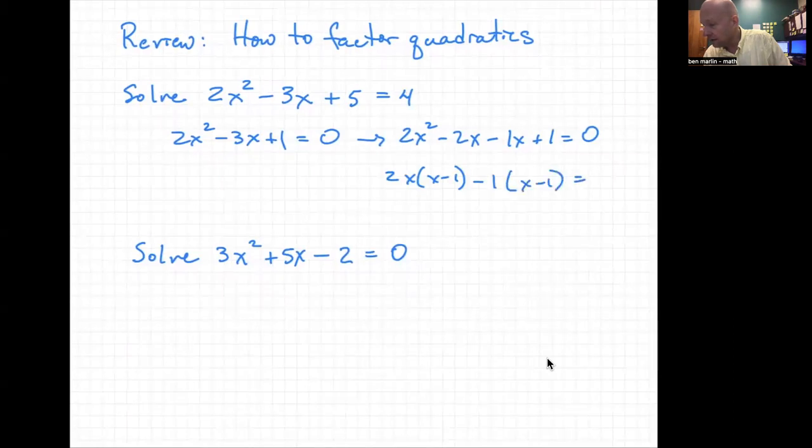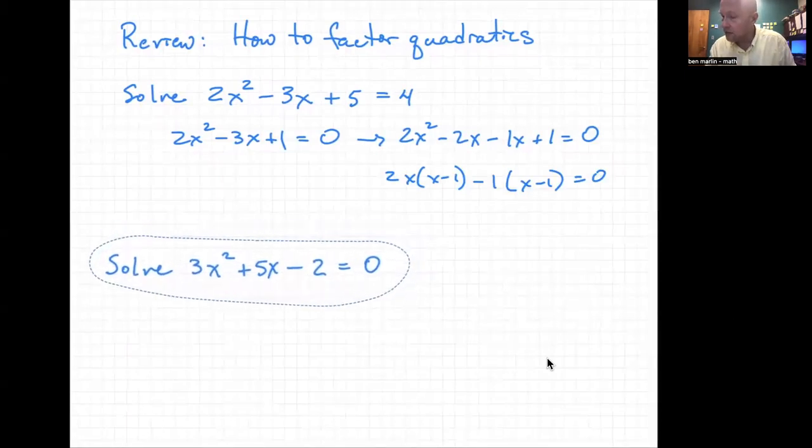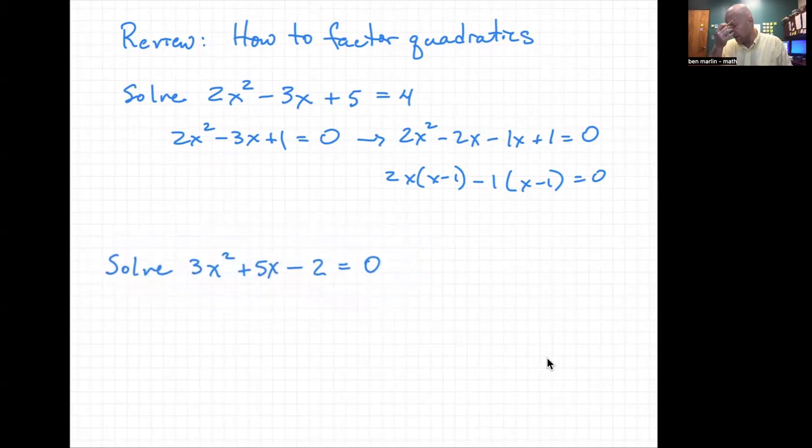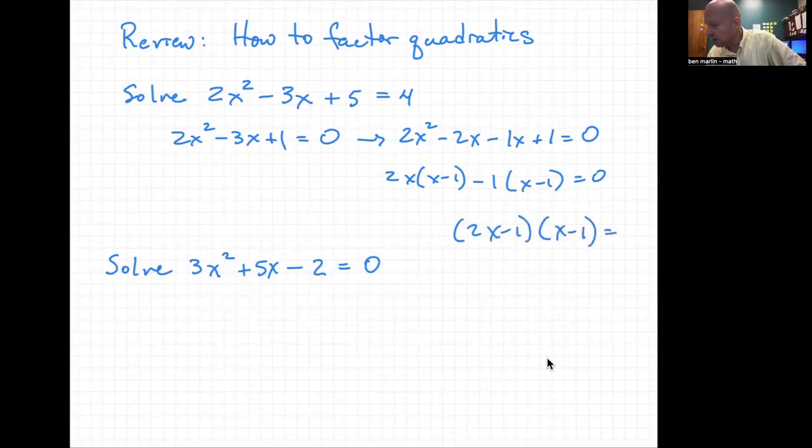I'm left with another x minus 1. You will always get the same factor on that, because if you don't, then this was something that couldn't have been factored, okay? And so this will turn into quantity 2x minus 1 times x minus 1 equals 0, okay?